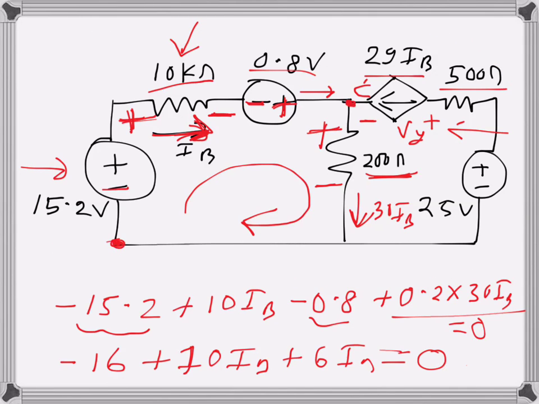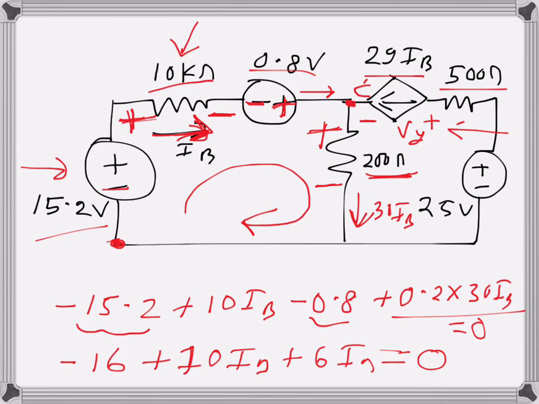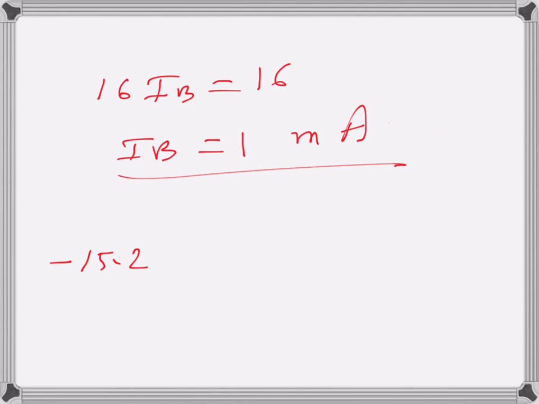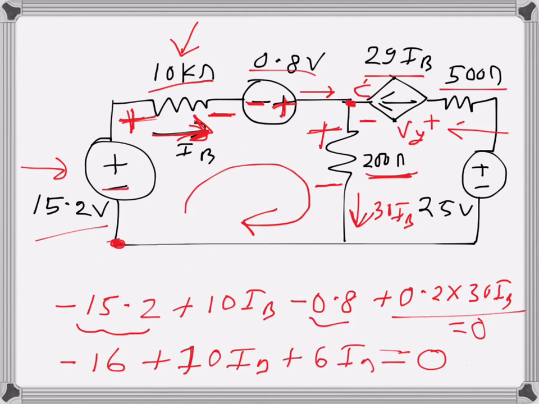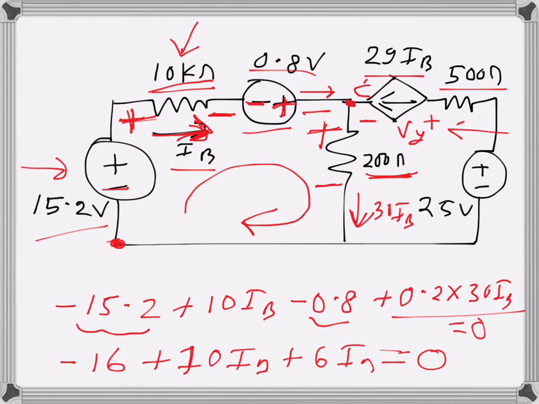Starting from here again, I will write the rises as negative, so 15.2 is a rise, and 0.2 there, and then 10 times 1, that's a drop across the 10 kilo ohms, so that's 10 because the current IB is 1, and then the rise again 0.8. These are the old ones because it's the same, up to here it was like that loop.